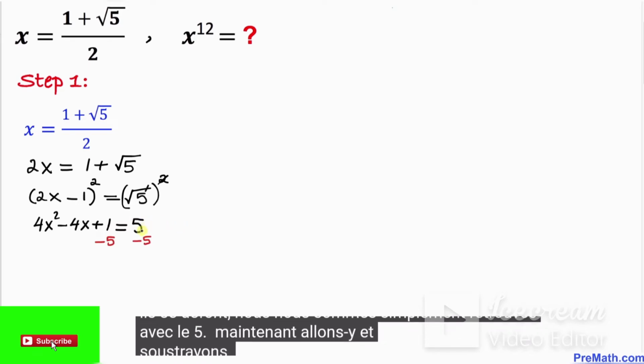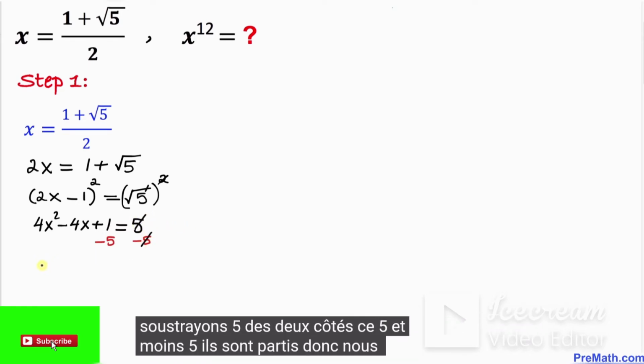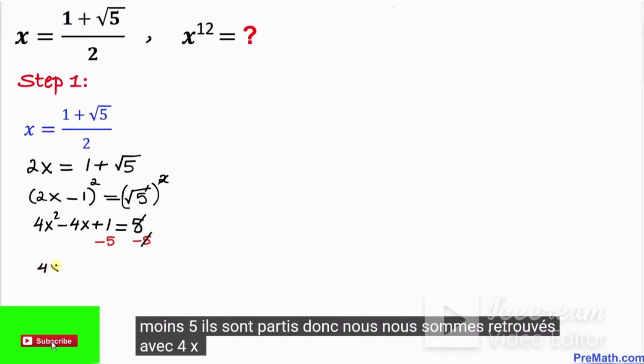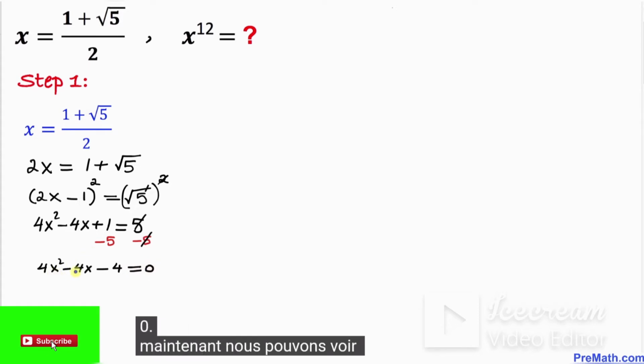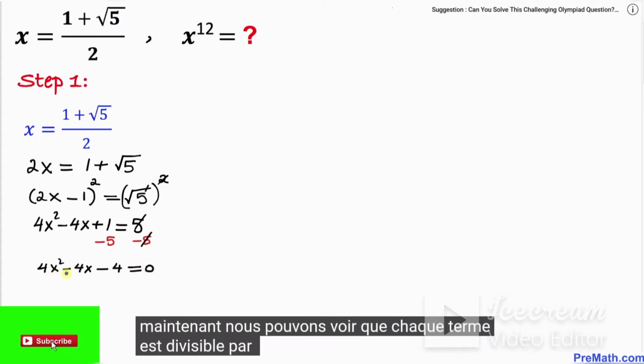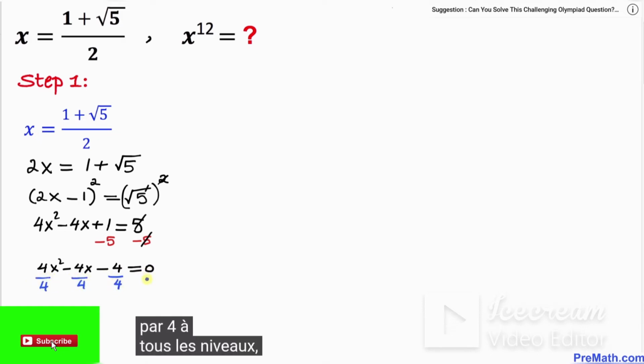Now let's go ahead and subtract 5 from both sides. This 5 and negative 5 are gone. So we ended up with 4x square minus 4x minus 4 equals 0. Now we can see that each and every term is divisible by 4, so I can divide by 4 across the board.